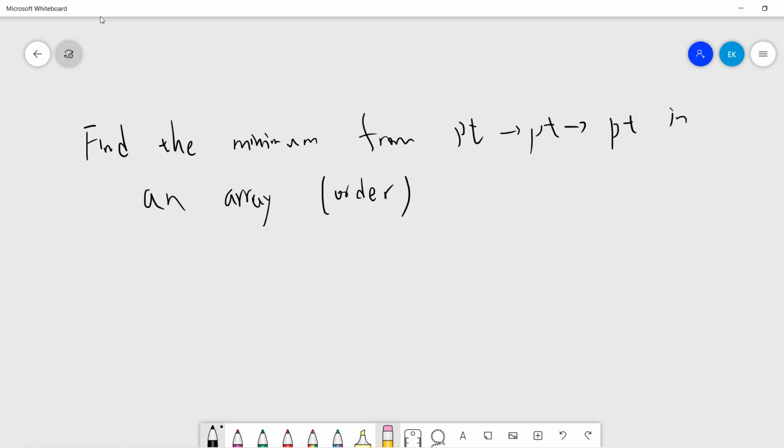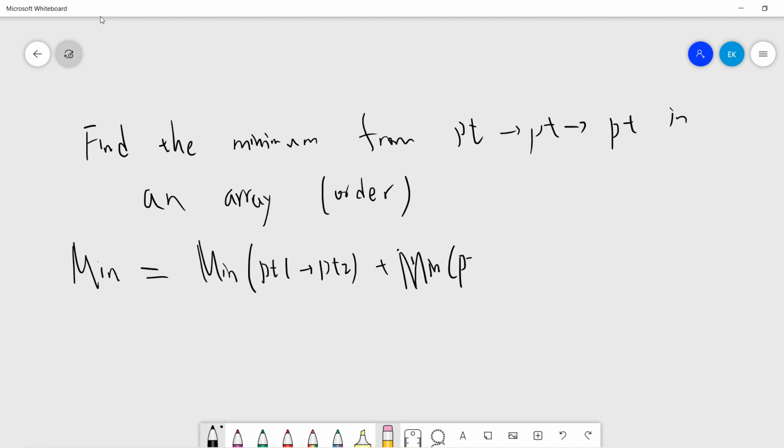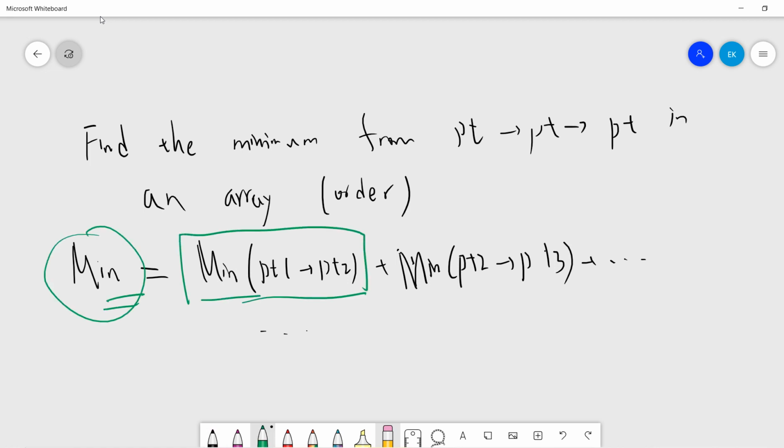That means the minimum distance for this array is the minimum distance from point 1 to point 2, plus the minimum distance from point 2 to point 3, and keep going. So we just need to find a function which gives the minimum distance from point 1 to point 2.